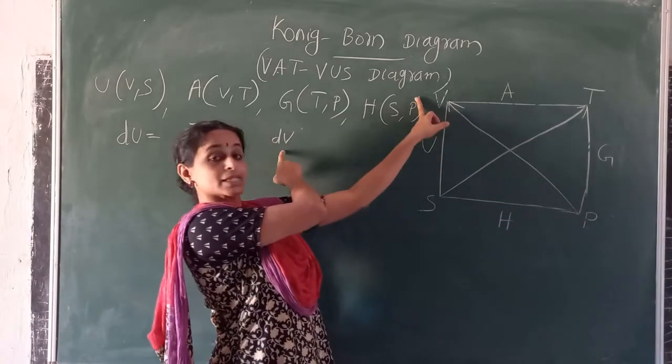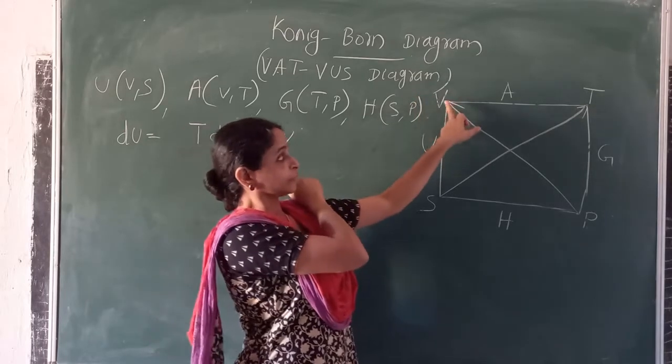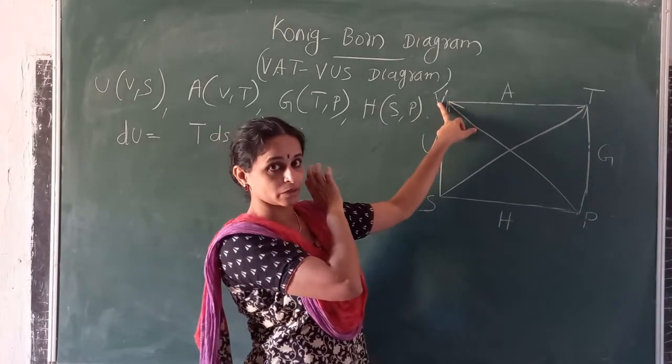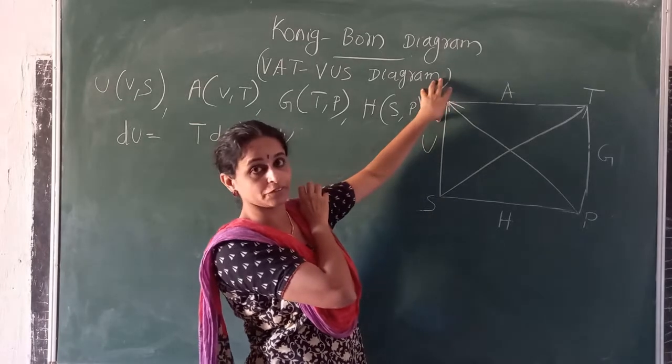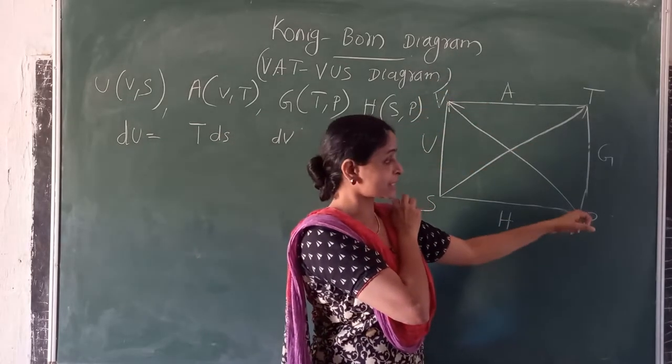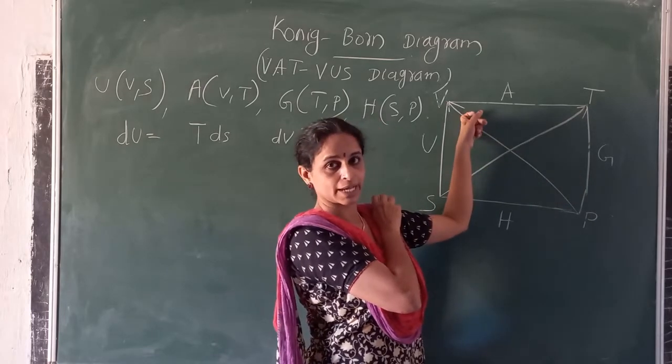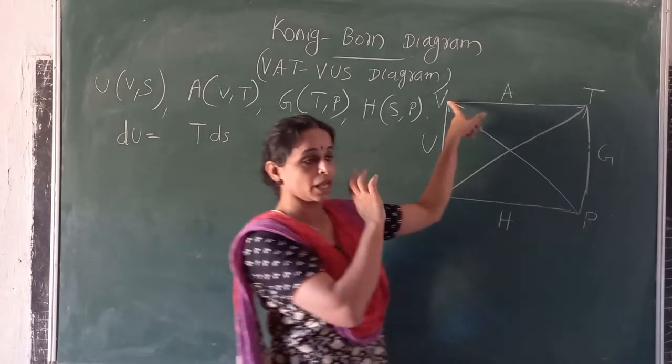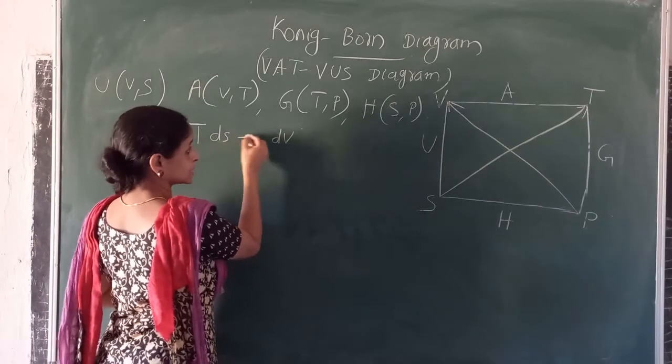The differential coordinate is dV. Since this arrow is in the opposite direction, we have to write a minus P.